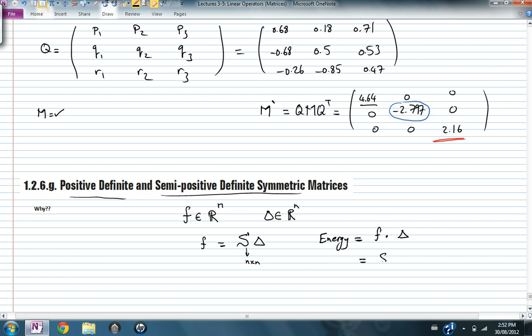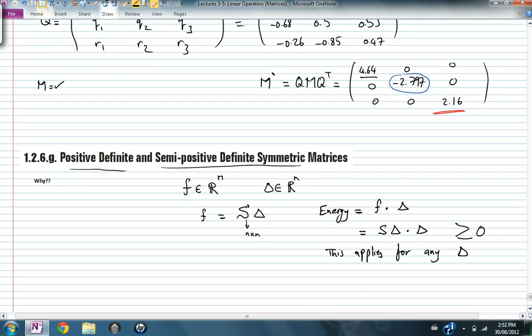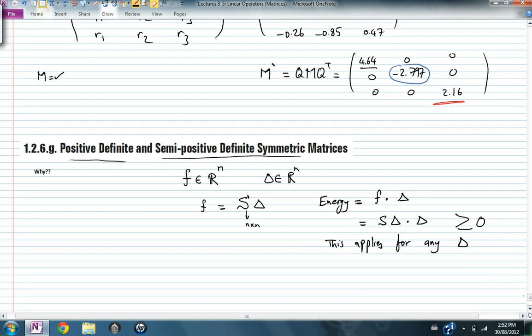F dot delta is equal to S delta dot delta. Now the energy of deformation is always greater than or equal to 0. Which means, of course, this applies for any delta. Any deformation, the energy that goes into the deformation of the system has to be greater than or equal to 0, which poses some restrictions on S. And the restrictions are called S has to be positive definite or semi-positive definite.